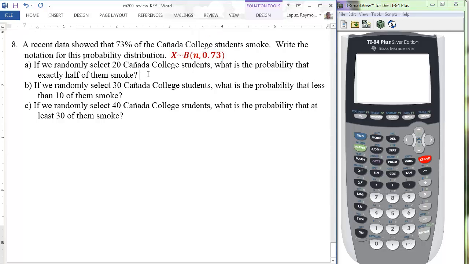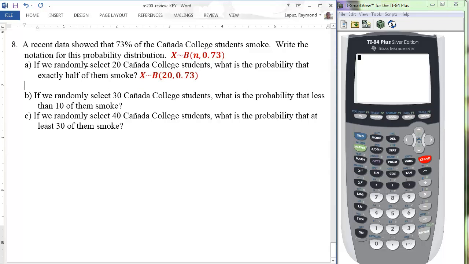So this would be, at this point, our general probability distribution. But like I said, when we come to this first problem, we're going to be looking at writing it a certain way. So our probability distribution here is going to be with 20 students. Now, if we select 20 Kenyatta College students, what's the probability that exactly half of them would smoke? So for this particular problem, we're looking at the probability that exactly, and you can just put 20 here, or half of 20 is 10, sorry.